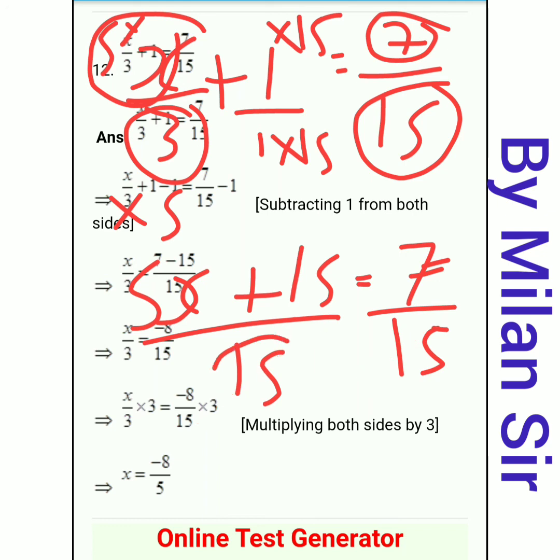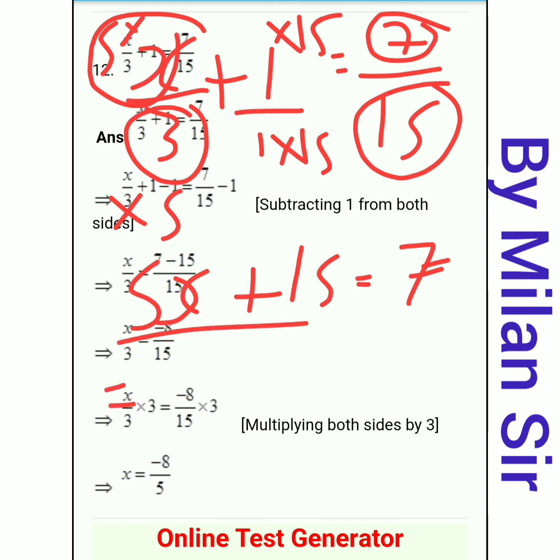If we transfer this 15 to the right hand side, it goes to multiplication, then from here 15 cuts. So alternately we can say that if we take the LCM on both sides, then we do not need to write the denominator. Okay, here we take the LCM on both sides. So our final equation is 5x plus 15 is equal to 7.